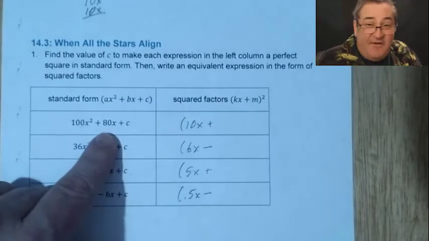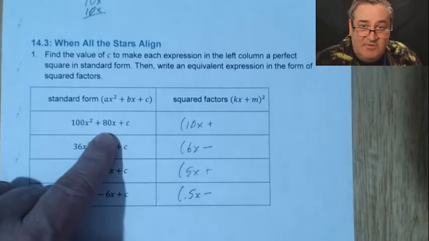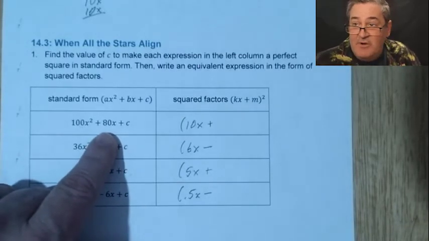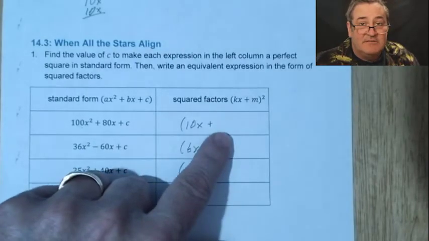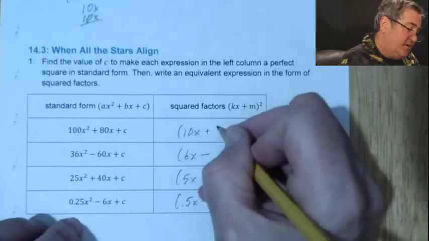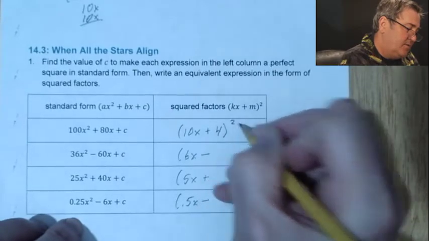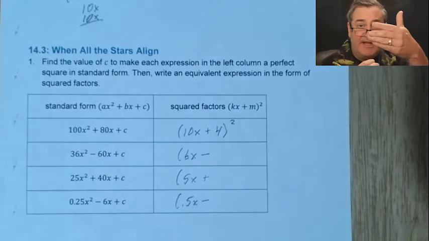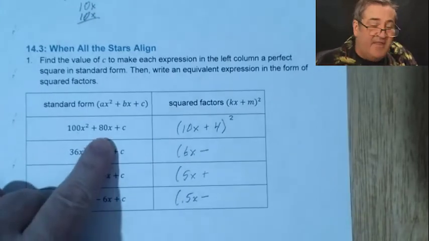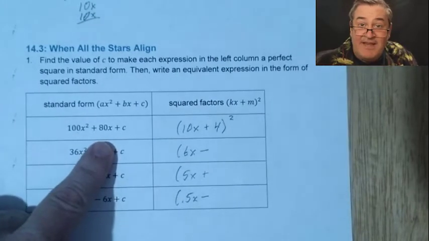So half of the 80x would be 40x, right? So we need to multiply these two numbers to get 40x. We got 10x, so if we have a plus 4, 4 times 10x is 40x. If we had two of those, a 40x and another 40x, that would be 80x. So that is the number we're looking for.